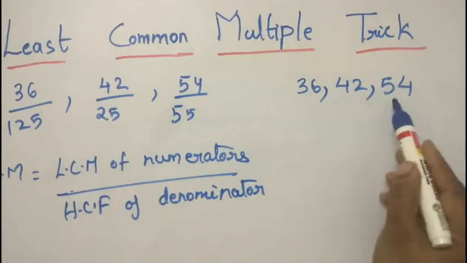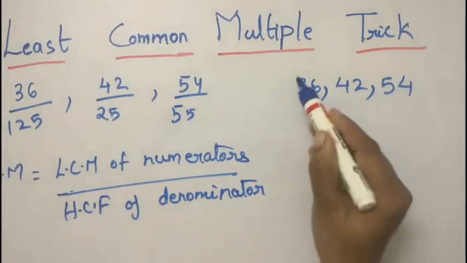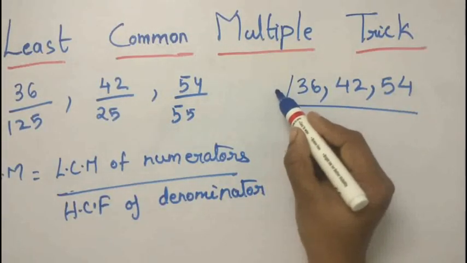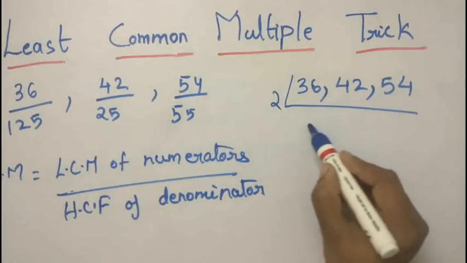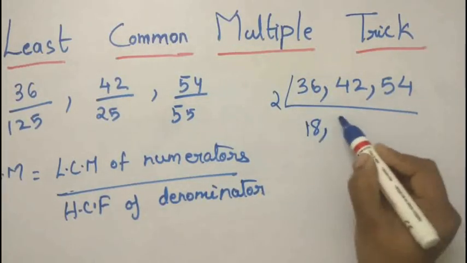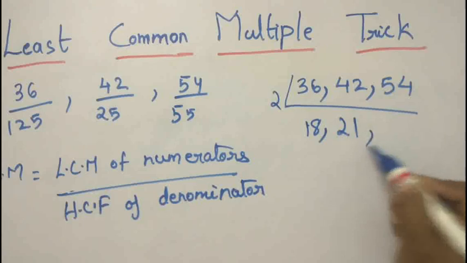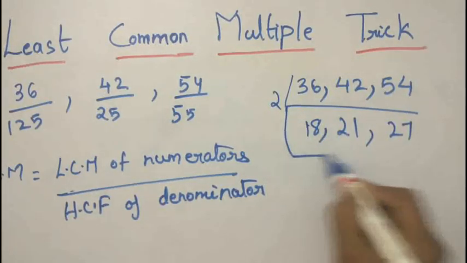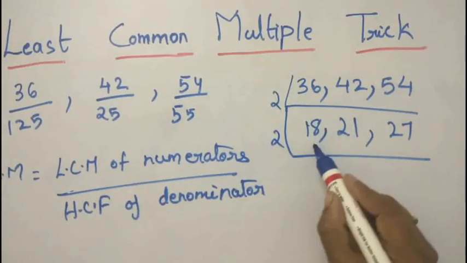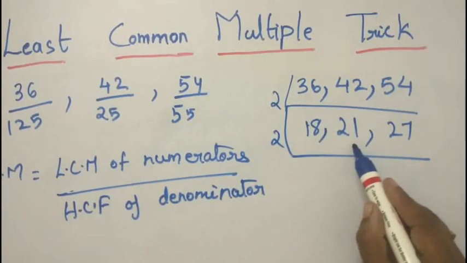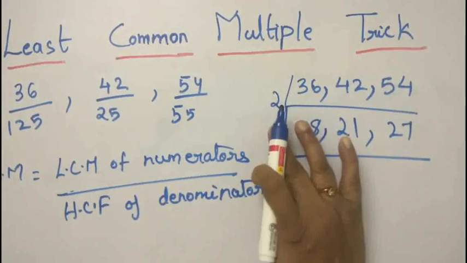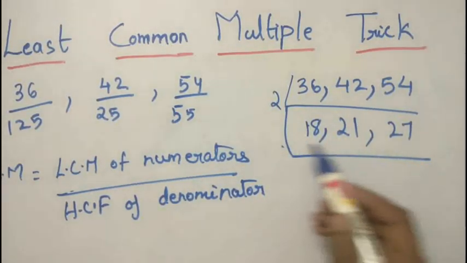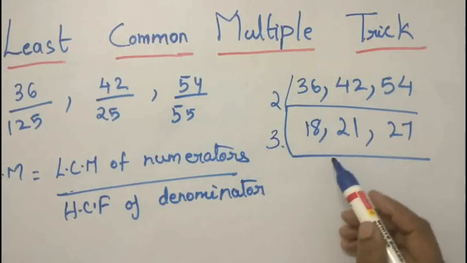Even 42 is also not a factor of 54. So take LCM by the normal method, that is 2 18s, 21 and here it is 27. Now in this method also 18 is not a factor of 21 and 27. 21 is not a factor of 27, is it not? So proceed with the normal method of LCM.